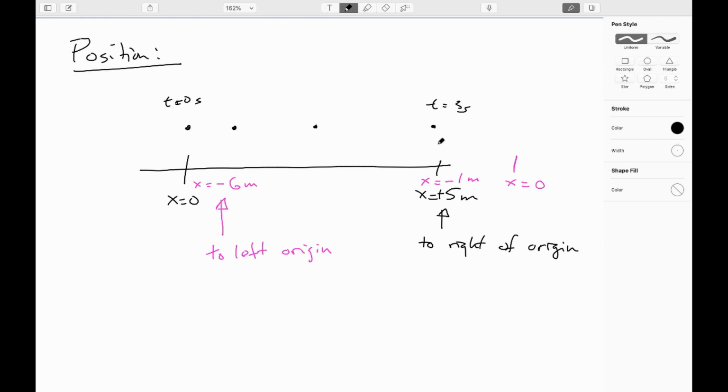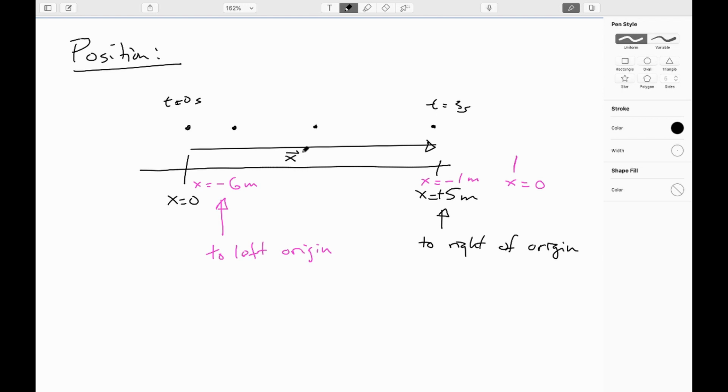If I wanted to represent the position here at t equals 3 seconds in the frame of the person that I drew in black, we just draw an arrow from the origin to that point, and we would say that that is the position at t equals 3 seconds.